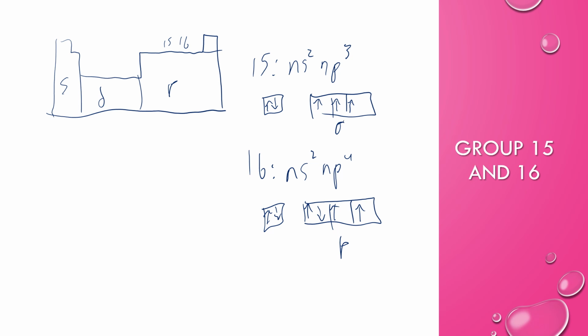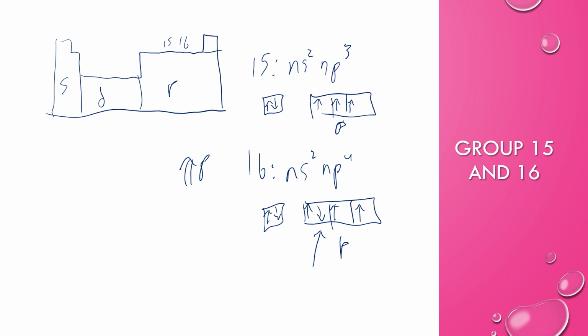Typically in the same period, you would expect group 16 elements to have a higher first ionization energy because they have more protons holding on to their valence electrons more strongly, taking more energy. However, you'll see a slight difference in this trend because that last electron for the group 16 elements has to double up in an orbital.